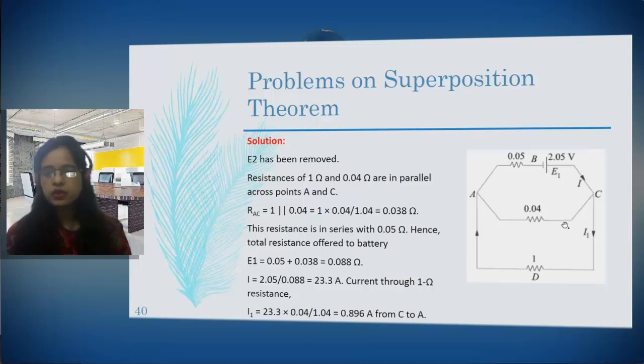Hence the total resistance offered to the battery will be the sum of these, which is 0.088 ohm. Now to find the current, it will be V by R. So it is E1, that is 2.05, divided by R. So I is equal to 2.05 divided by 0.088. This is the current flowing through the 1 ohm resistor.